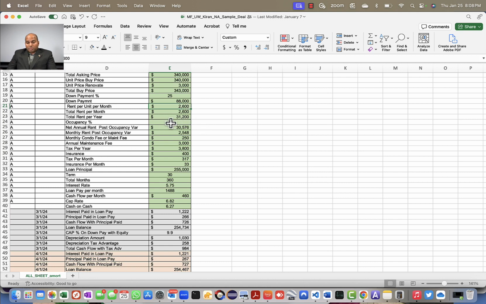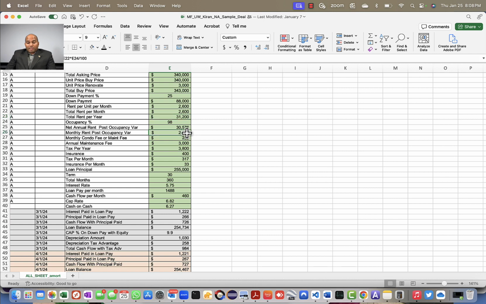This occupancy could be physical vacancy or economic vacancy or any discounts that you give, or you could be giving a discount to a good tenant too. Based on all this, I think the national occupancy itself is quite high, in the 95s. Greater Boston is more than that, so I just put 98% as the occupancy. Based on the occupancy, your net is slightly lower than your yearly. So instead of 31,200, it's 30,576.